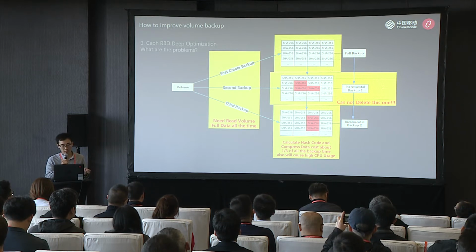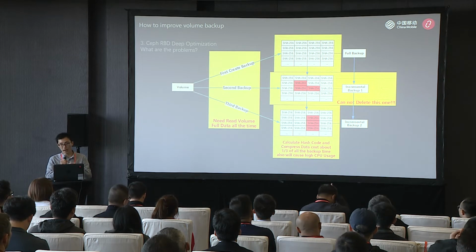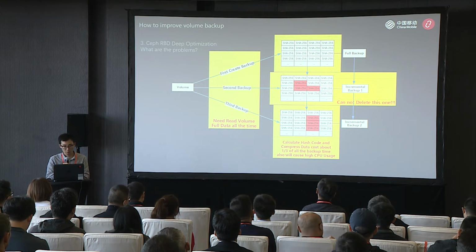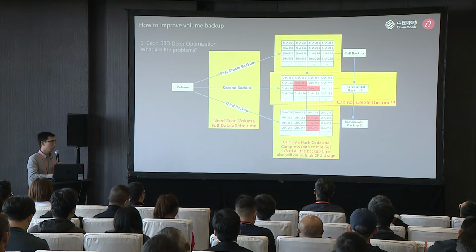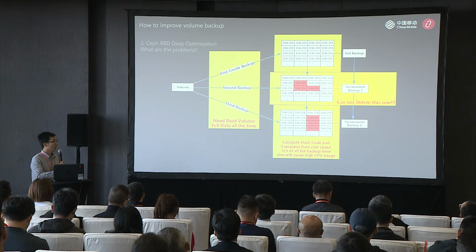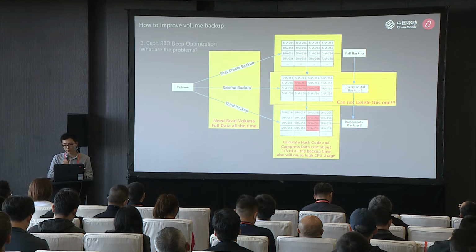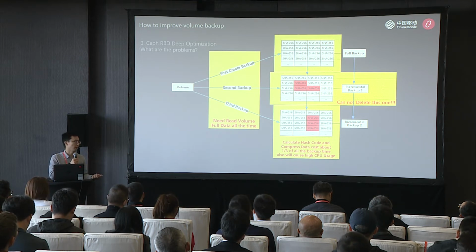As said above, calculating hash code and compressing will cause high CPU usage. Third is poor user experience. We cannot delete any backup in the middle. But the customer doesn't care what is at the bottom, they just want to delete unused backups.